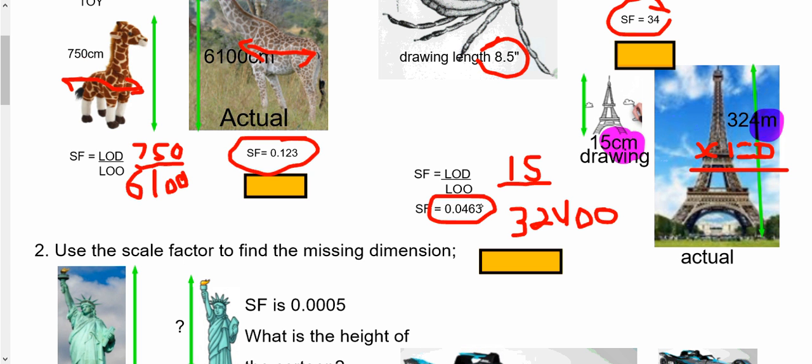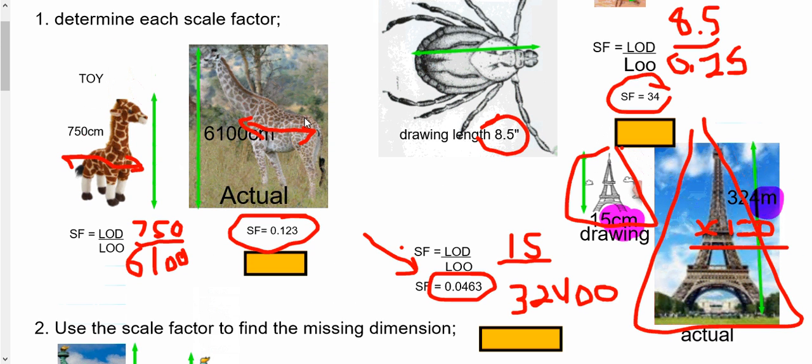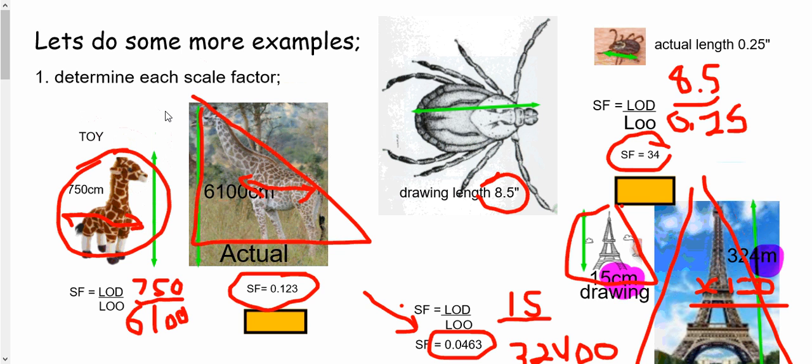Now, if you look at that, here we've got a big item, the Eiffel Tower, and we've got a drawing. And when the reproduction is smaller, we get a decimal. Like here we've got a big giraffe, and here, the reproduction is smaller, so we get a decimal.